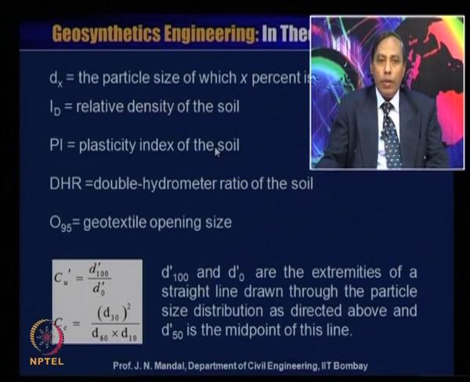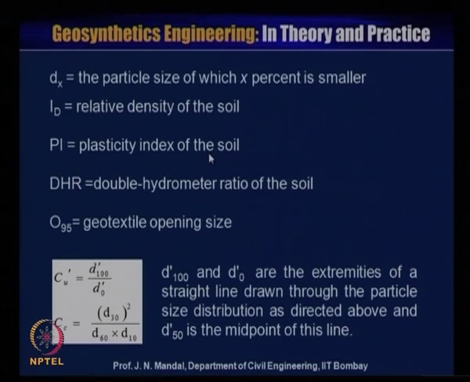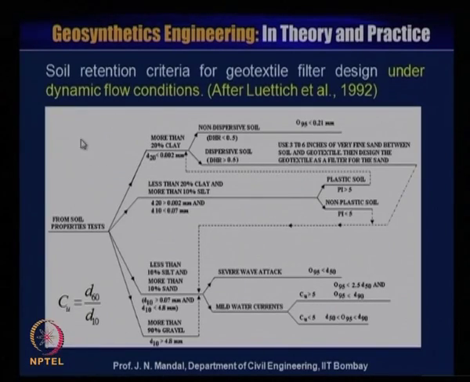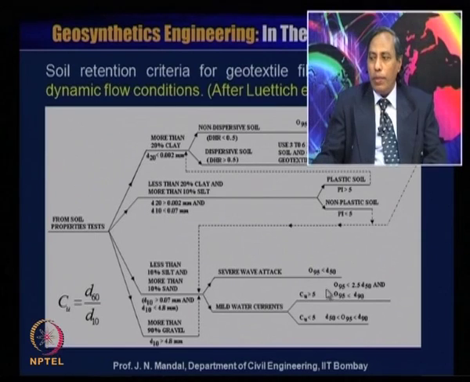He also established another curve, and this curve is for dynamic flow condition. You can see he has mentioned the dynamic flow condition, and for this also you can calculate what will be the O95. Whether it is a severe wave attack, then O95 should be less than D50.